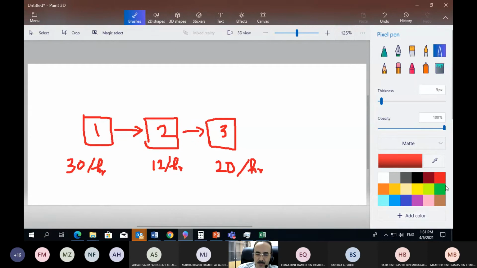We said that if we do not want to produce more than what we can produce at the bottleneck, that means here we're only actually going to produce 12 each hour. Here we're going to produce 12 each hour.